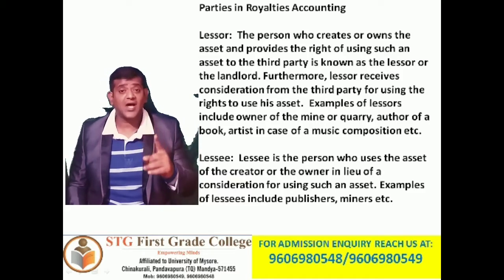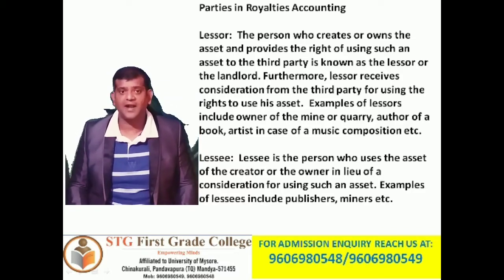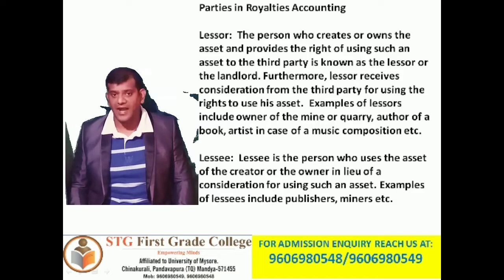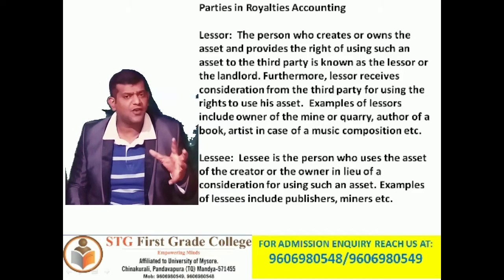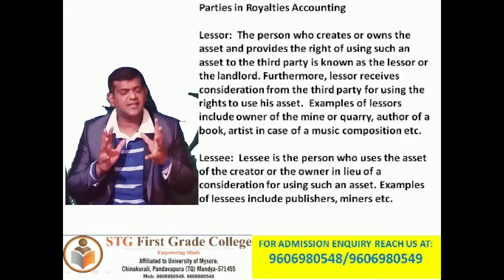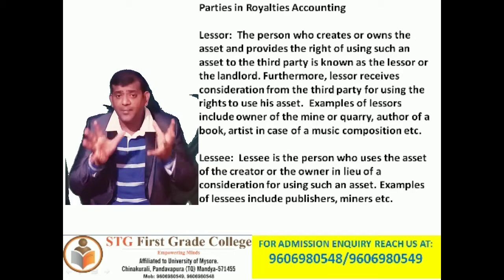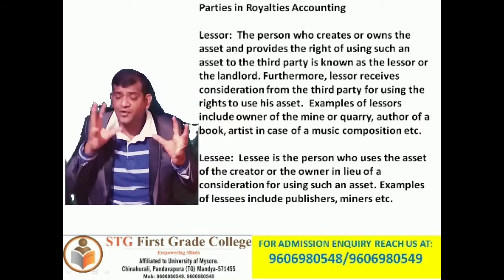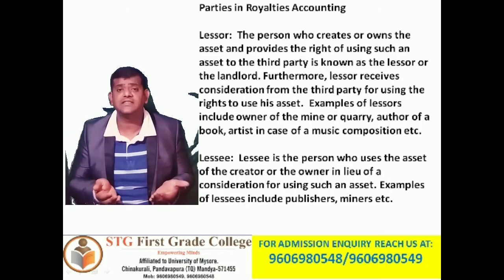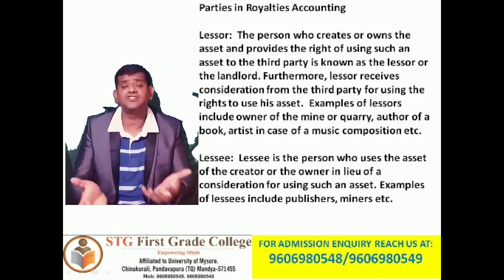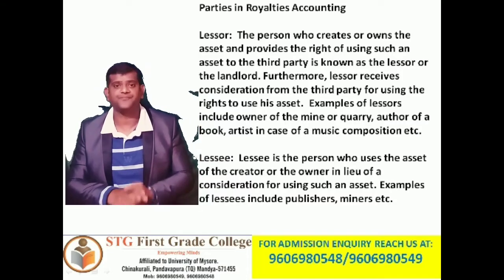Furthermore, the lessor receives a consideration from the third party for using his asset. So I believe you have understood, the lessor is the real owner of that particular property or creation. Clear? So one who receives a royalty, one who receives a consideration against his creativity.